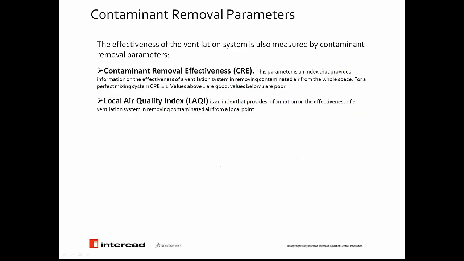However, we have a second set of parameters when we have a contaminant source in our domain, and they are contaminant removal effectiveness, or CRE. This provides information on the effectiveness of the ventilation system in removing contaminated air from the whole space.